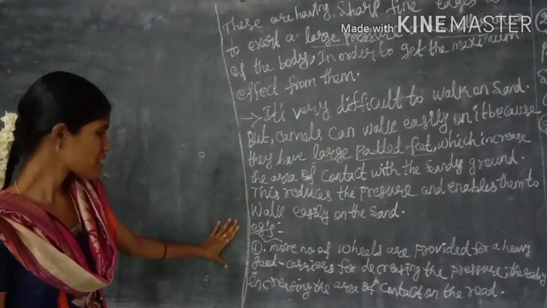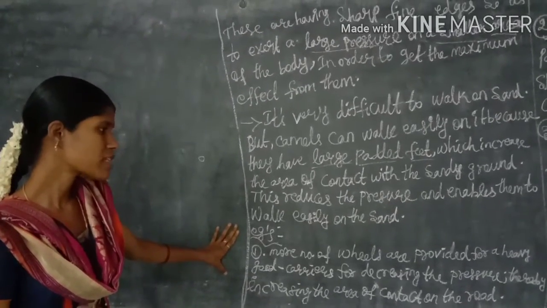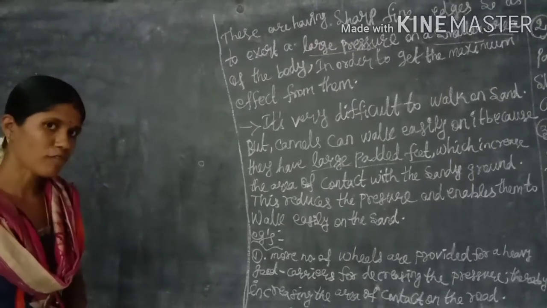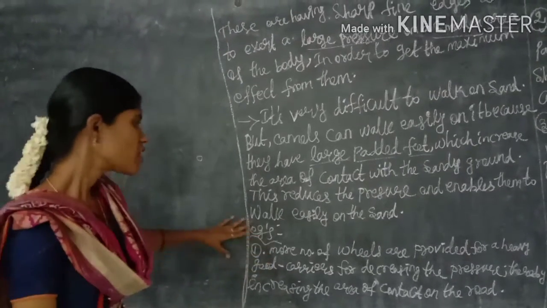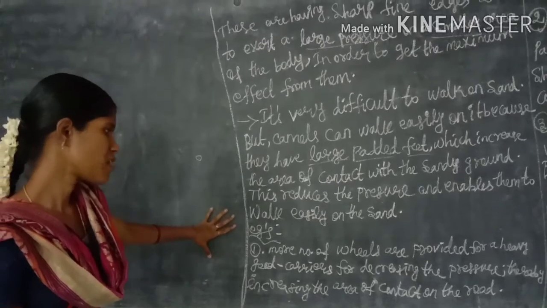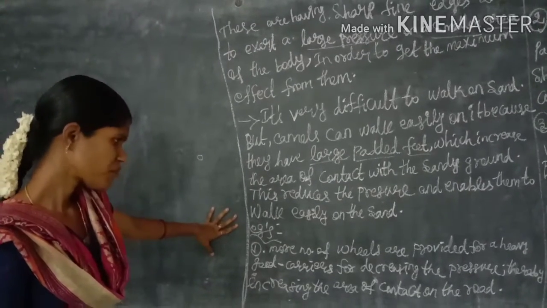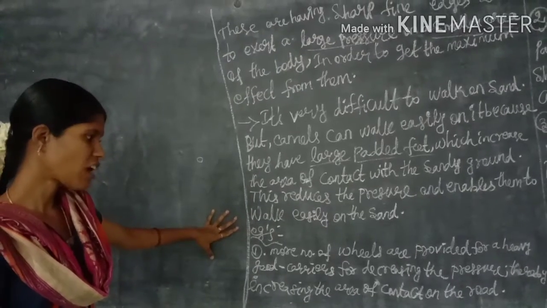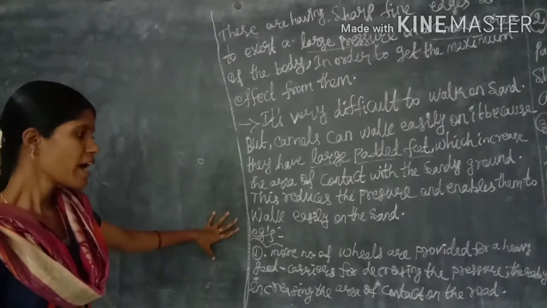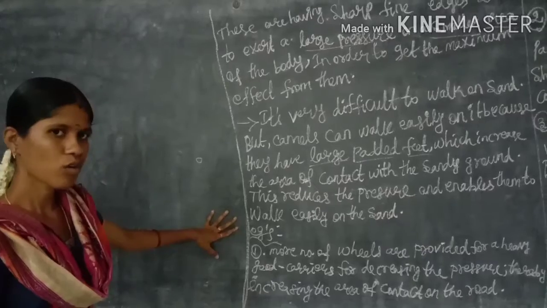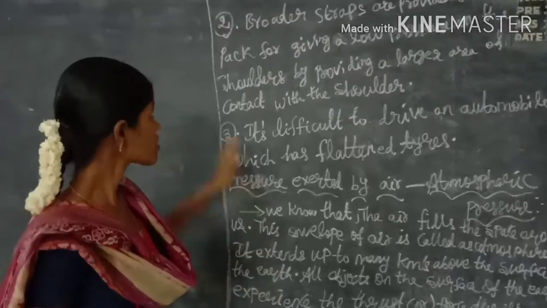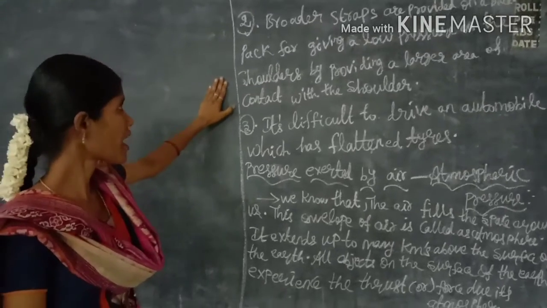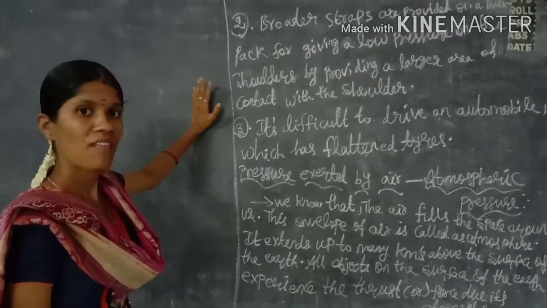More wheels are provided for heavy goods carriers. This decreases the pressure by increasing the area of contact with the road, so they can move easily on the road. The second example is the broad straps provided on the back side of a school bag.